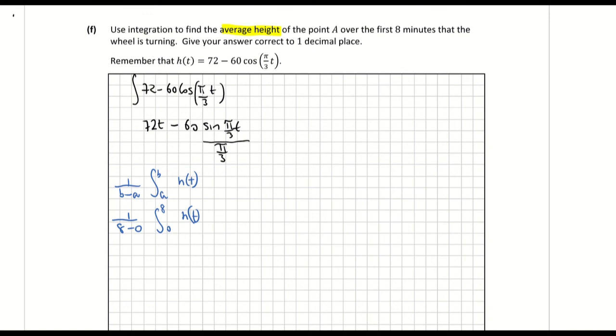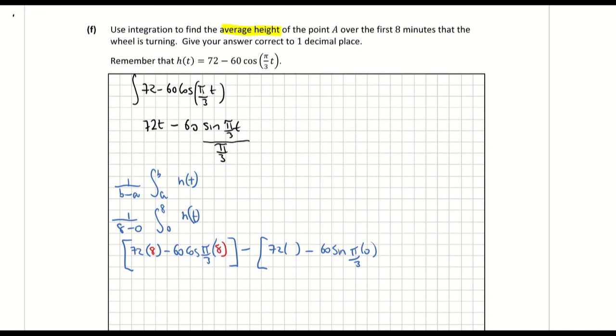So subbing that into my integral, it's going to be 72 times my t, which is 8, minus 60 times cos pi over 3 times t, which again is 8. And from that, I need to subtract the integral, or the value, when I sub in 0. So subtract 72 times 0 minus 60 times sine of pi over 3 times 0.